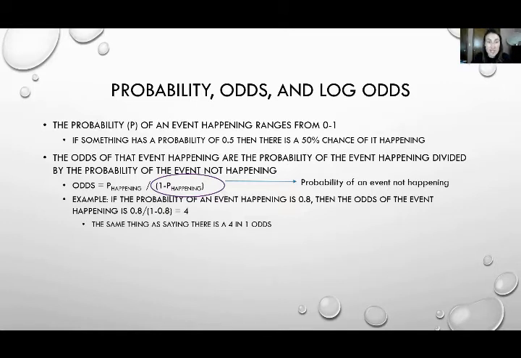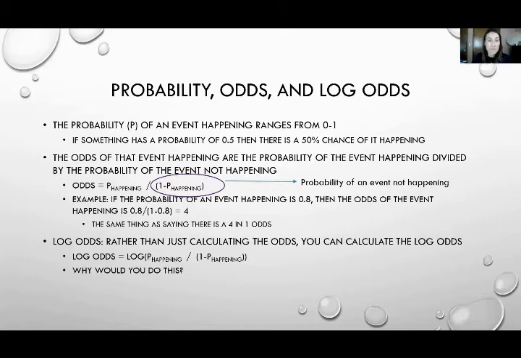And that's important to meet the second to last assumption that we were just looking at for conducting a logistic regression. Okay, but now we're taking it a step further from just calculating the odds. We calculate the log odds. And what this means is that rather than just calculating the odds, you take the log of the odds, okay?